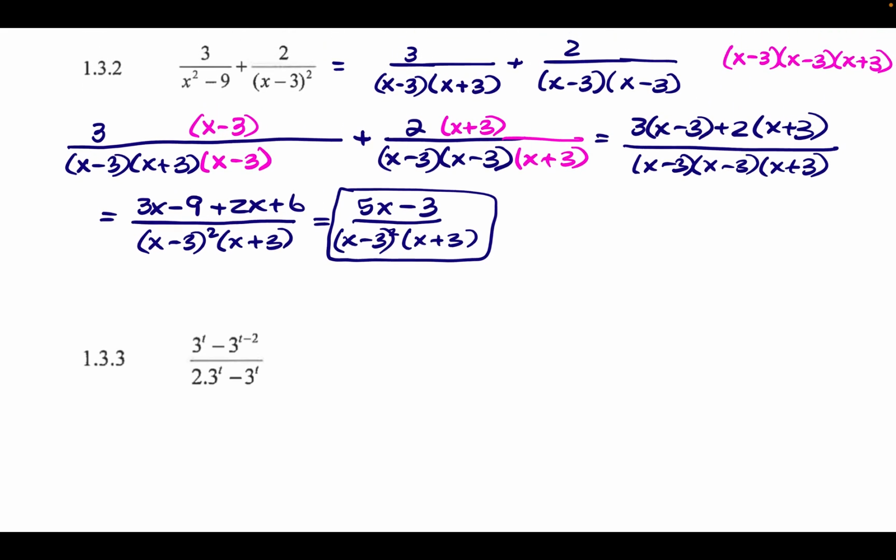Okay, and finally we have 1.3.3. This is interesting because the directions say simplify, but in order to do that, we really have to rewrite this and see that we can factor out something. So I am going to rewrite in my numerator this second term as 3 to the t times 3 to the negative 2.